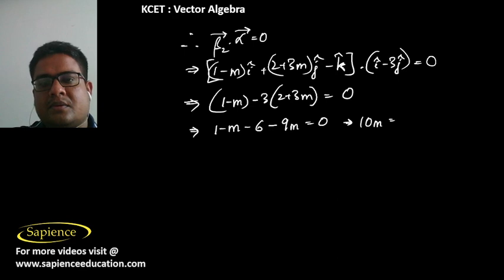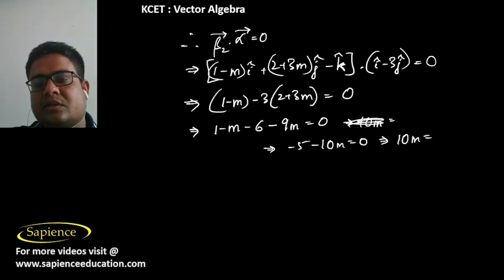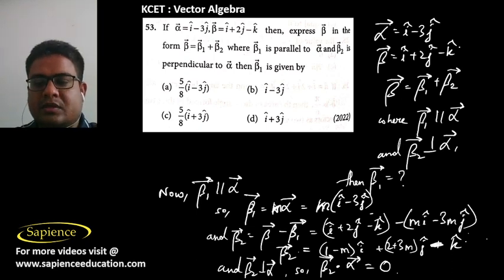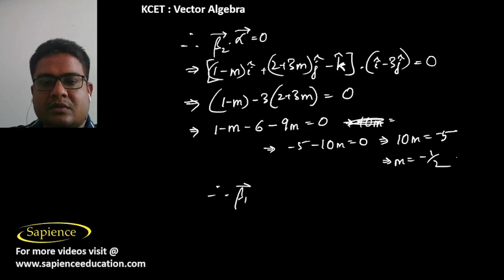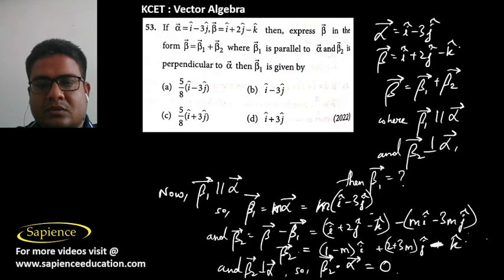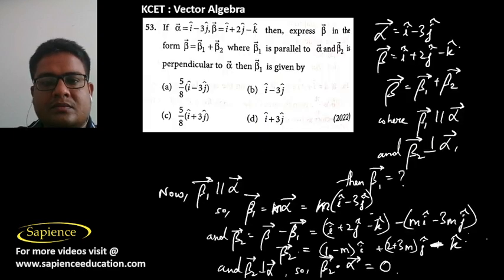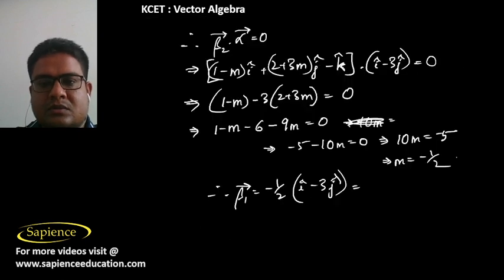So 10m is equal to minus 5. M is equal to minus 1 by 2. Therefore beta 1 vector is equal to minus 1 by 2 into I cap minus 3j cap.